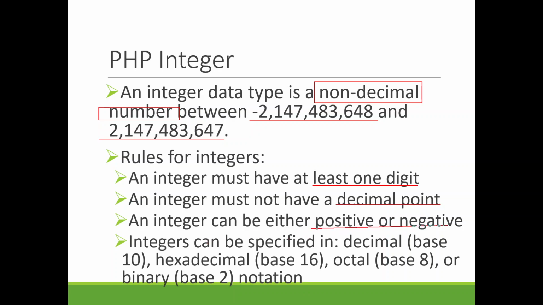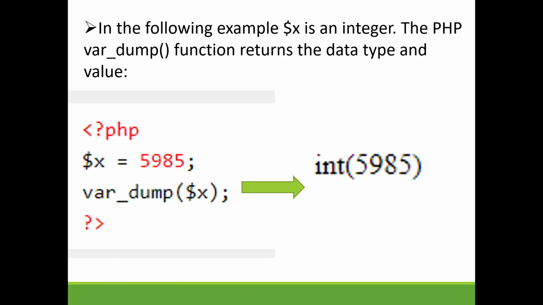The other one is that it can be positive or negative, and integers can be specified in decimal, that is base 10, or hexadecimal, or octal, base 8, or binary, base 2 notation. So in your program, you can specify an integer using any of those numbering systems.